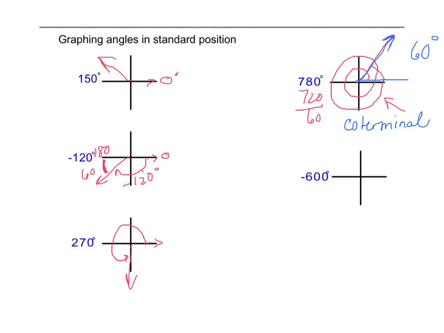So 780 and 60 degrees are coterminal angles. There are an infinite number of coterminal angles to any given angle on the graph. All you have to do is manipulate the revolutions. You might have to do a jabillion revolutions, but if you end up in this same spot, that angle would be coterminal. Jabillion is not really a term. I just like the way it sounds.